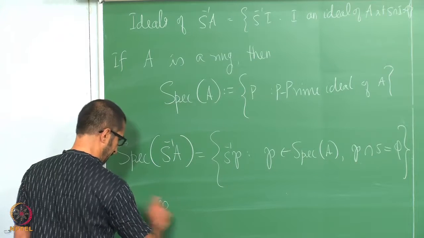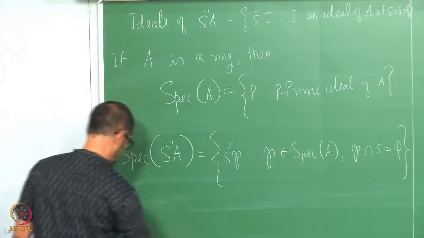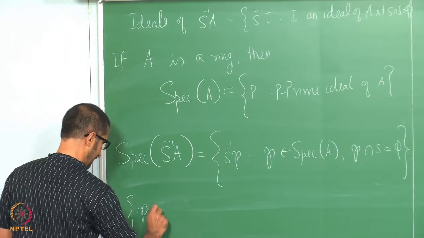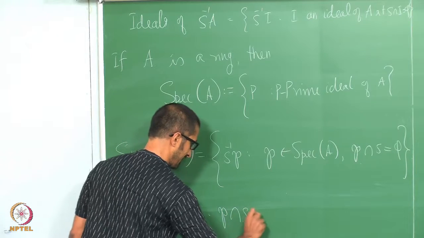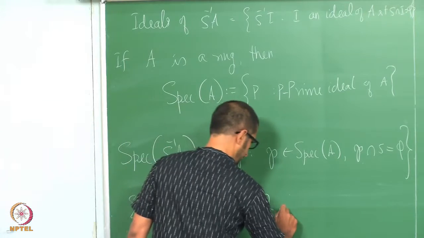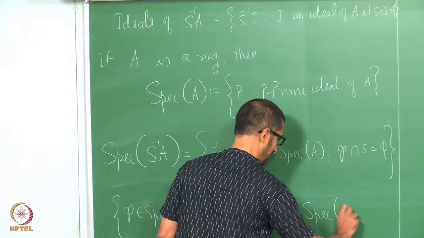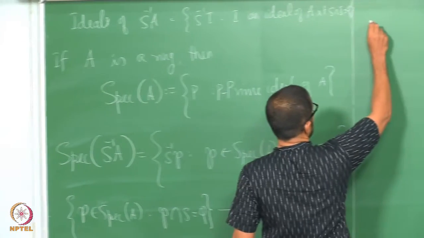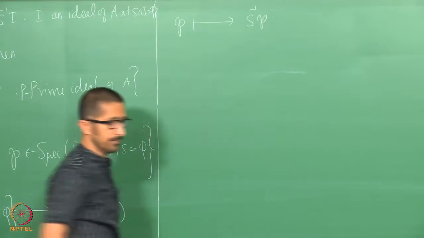I collect the set of all P in Spec A such that P intersection S is empty. From here I send a map to Spec of S inverse A, so that P is mapped to S inverse P.